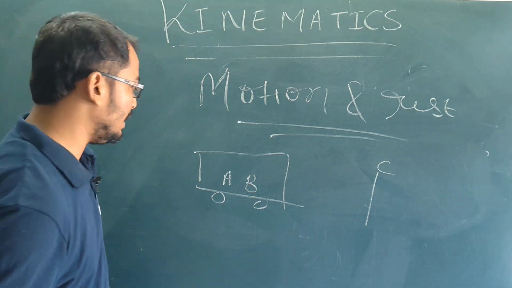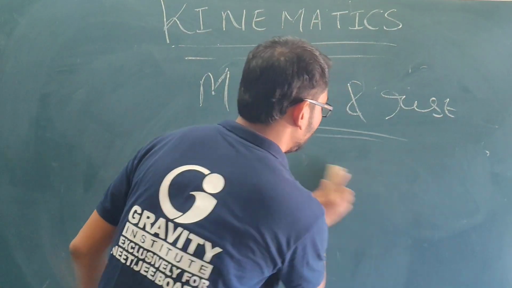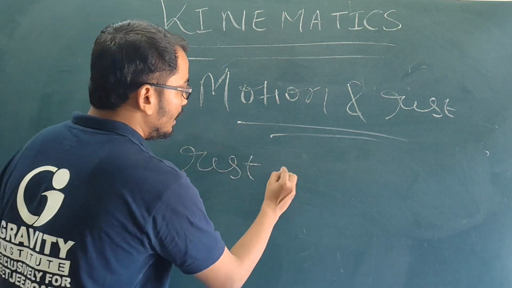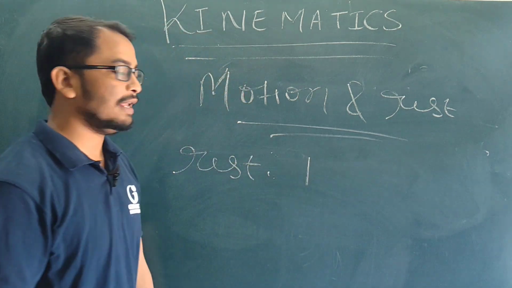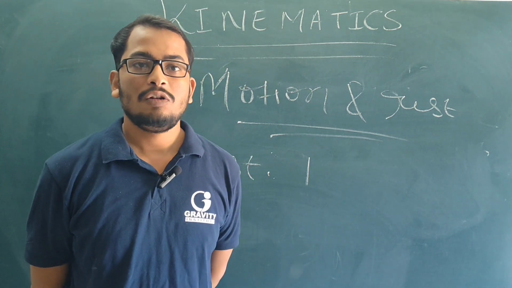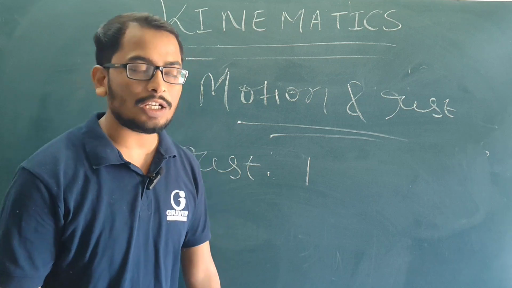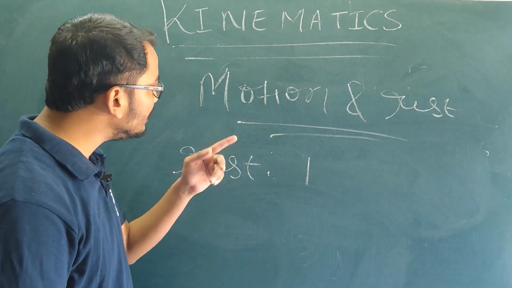So what does it mean? Rest is if the particle is stationary with respect to the observer. If the particle is stationary with respect to the observer, then we say that the particle is at rest.